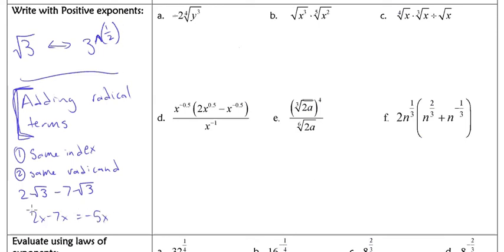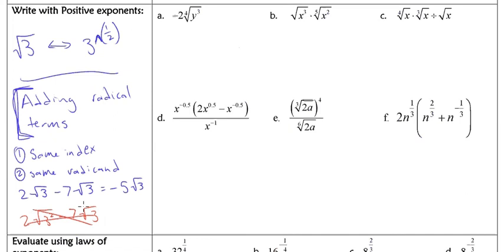Now my x here just happens to be the square root of 3, so this is going to be negative 5 root 3. And that works. Now, however, if I had 2 root 3 squared minus 7 root 3, they have the same index, but they do not have the same radicand, so this does not work.